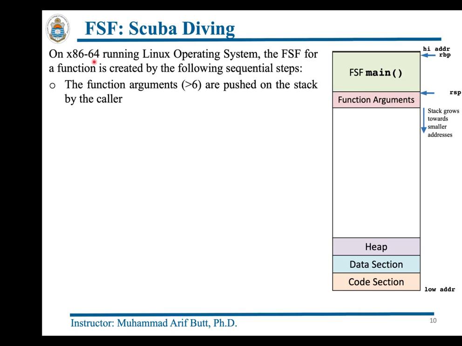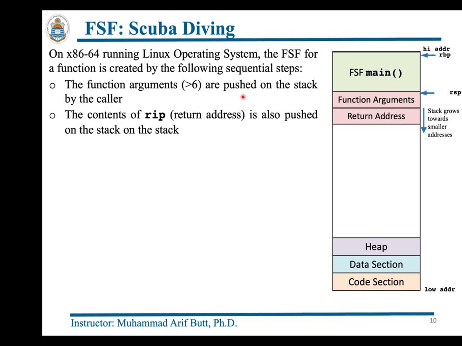First of all, the caller moves the first 6 arguments inside registers, and in case of more arguments, the remaining are pushed on the stack from right to left. Then the contents of the RIP register, that is the return address of the caller, is also pushed on the stack. Well, this is a typo.